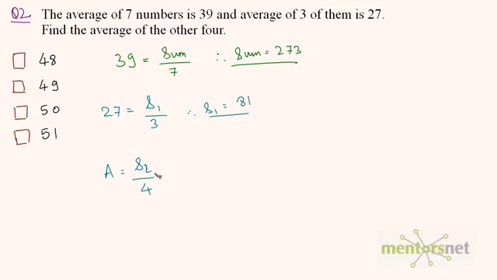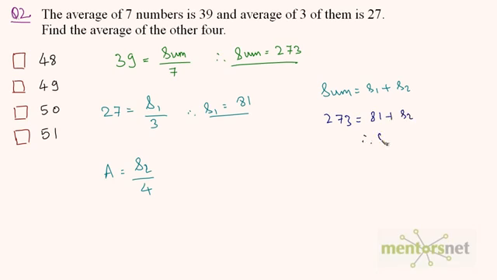So what is the sum of the other 4 numbers? Well, we know the sum of all 7 numbers, and out of that we know the sum of the 3 numbers. We can find out the sum of the other 4. So the sum is equal to S1, that is the sum of 3 numbers, plus S2, that is the sum of the other 4 numbers, which is 273 equals 81 plus S2.